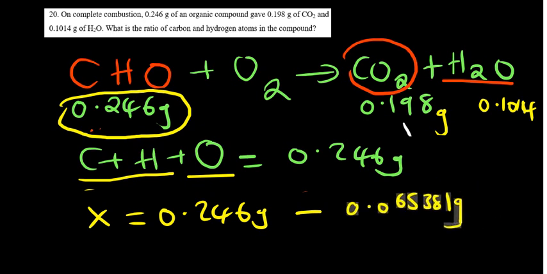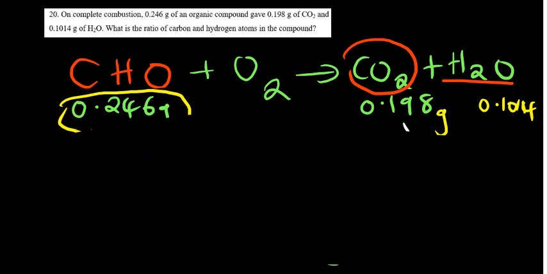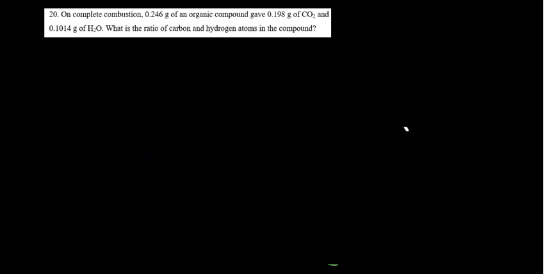Okay, so what do you get after subtracting 0.246 by 0.065381? The value that I'm getting is 0.18062 grams. Okay, so now at this stage we've determined all the masses of the elements that the compound is made up of, and we can write them. For carbon, in case you didn't take it down, the mass that we found is basically 0.0540342 grams.